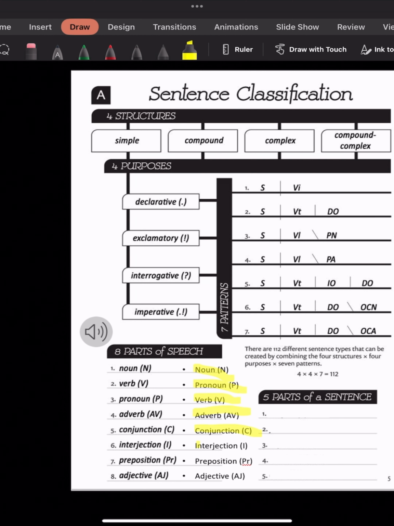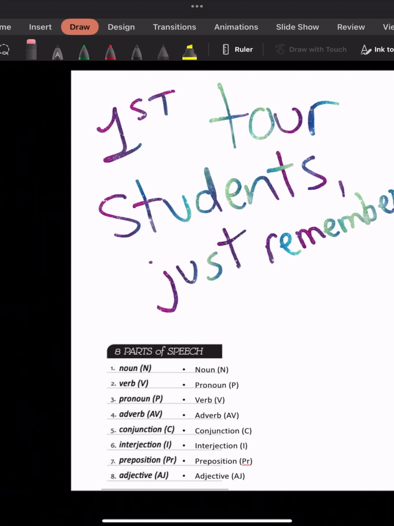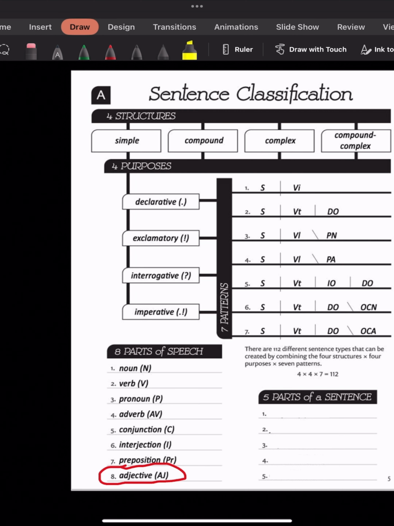And for all of that, Tour 1 students, just remember that there are 8 parts of speech. Honestly, that is the suggestion of CC for you to remember on Chart A, sentence classification: 4 structures, 4 purposes, 8 parts of speech, 5 parts of a sentence, and 7 patterns.